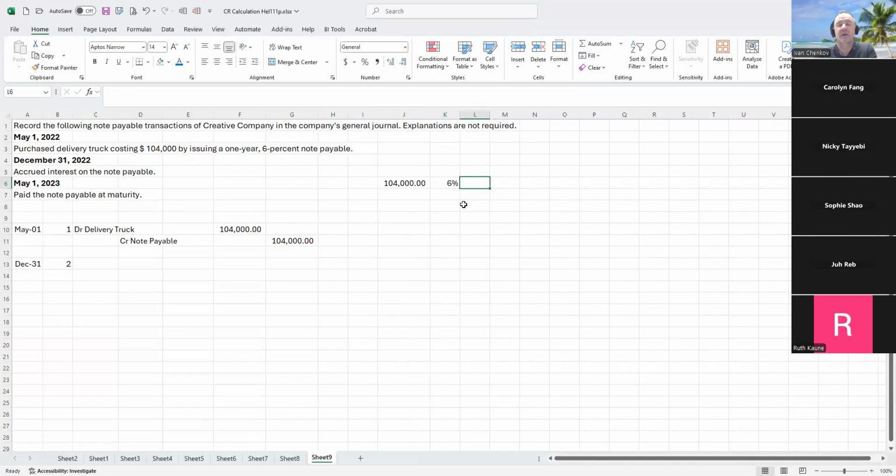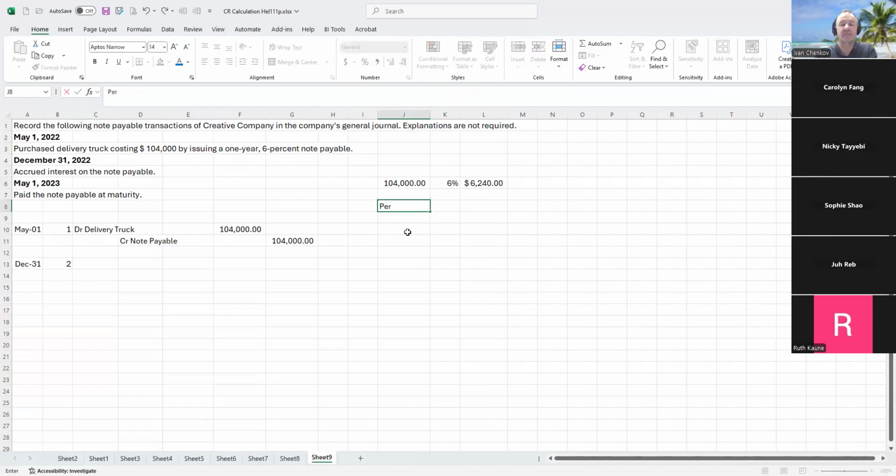So for the entire year, we have to pay $6,240, right? But how much is that per month? This one divided by 12. So $520 per month.